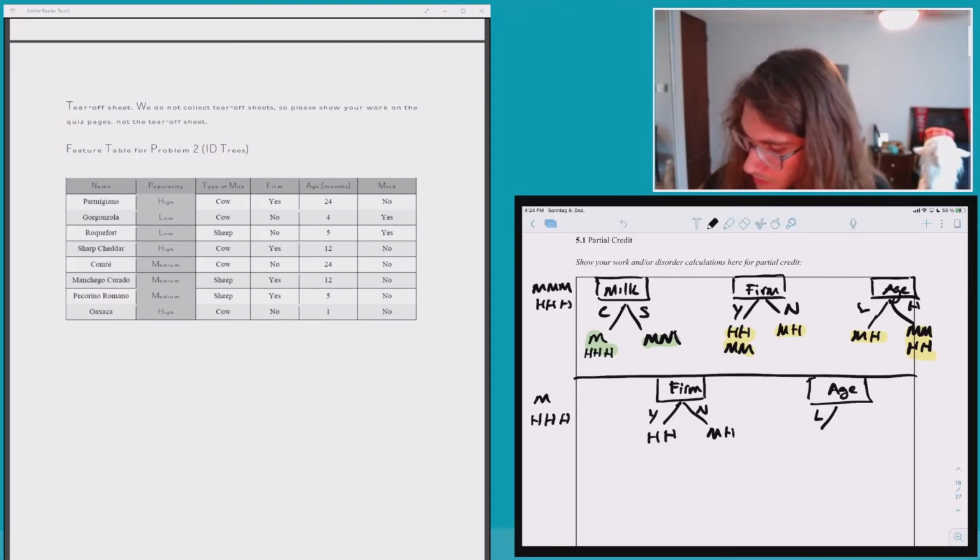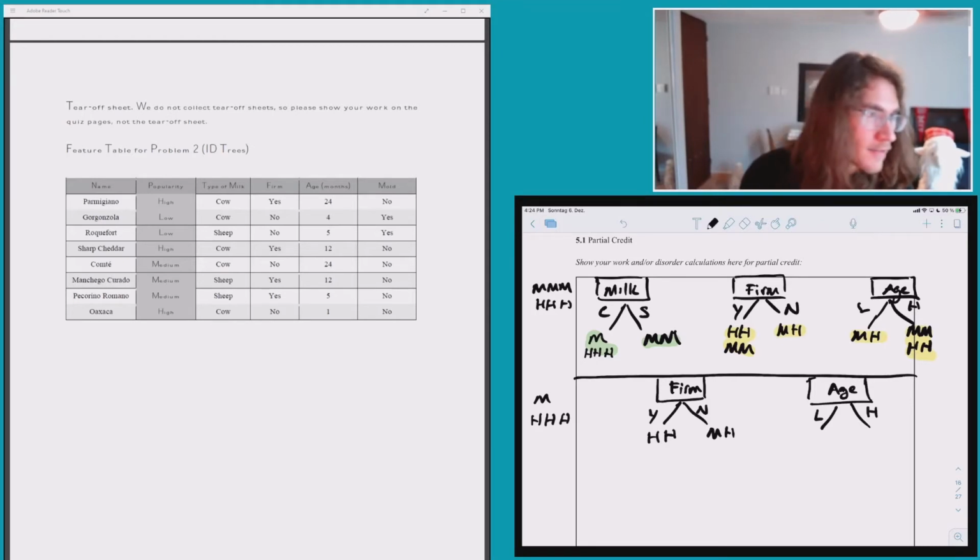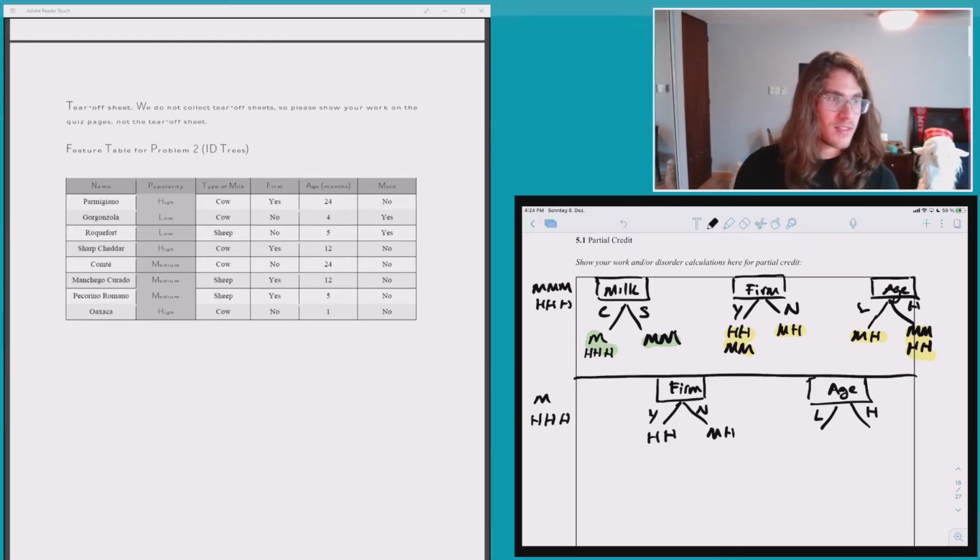For age, low versus high, of the low age cheeses, I have that are not low popularity, that rules out quite a few of them.